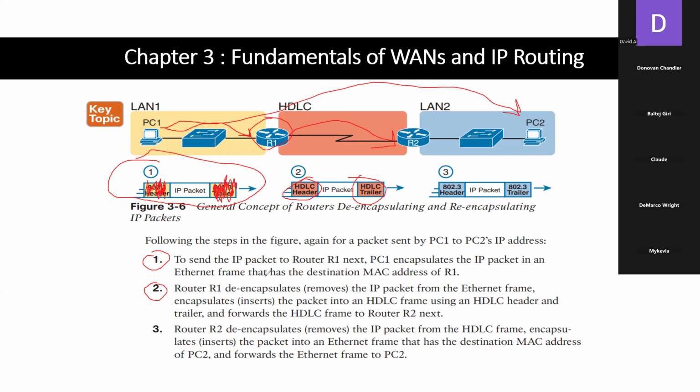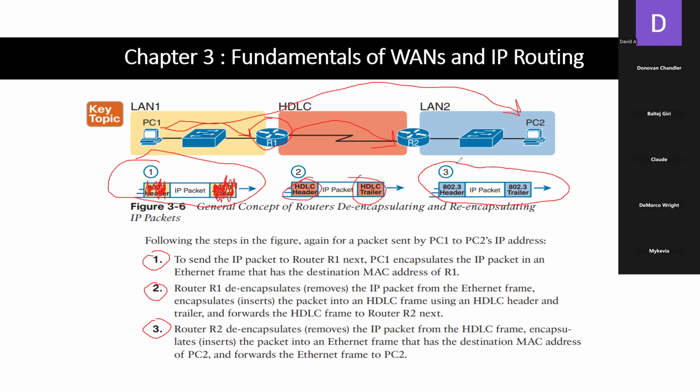Then we get to router 2. Router 2 de-encapsulates, the same thing happens, removing the IP packet from the HDLC frame, and encapsulates, inserting that packet into an Ethernet frame that now has a destination MAC address of PC2, and forwards that Ethernet frame to PC2.